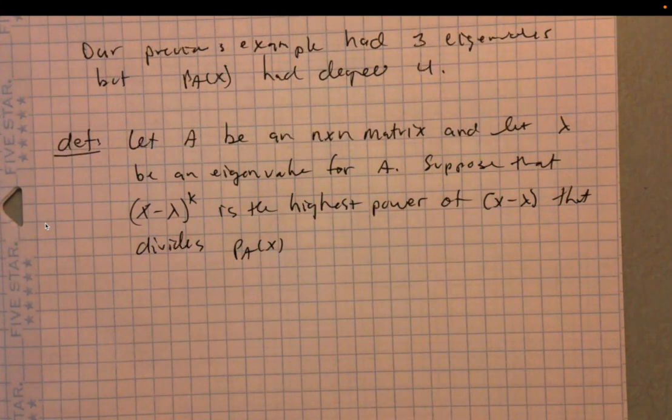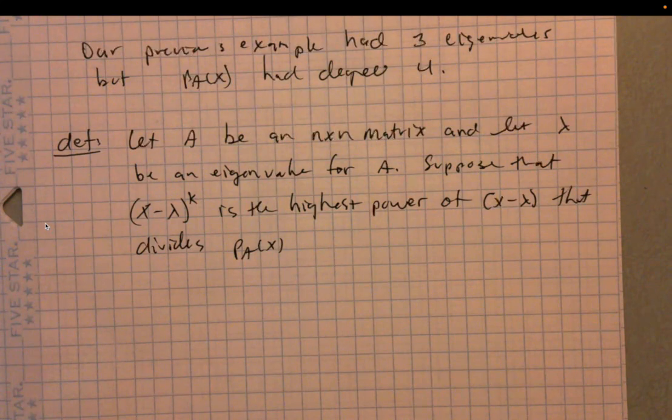So meaning it's a root. (x minus lambda) raised to the k would divide the polynomial, right? But if I went to k plus 1, it wouldn't, right? That's the idea. Basically, you've gathered all of those together. Okay.